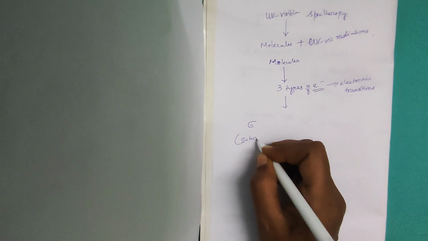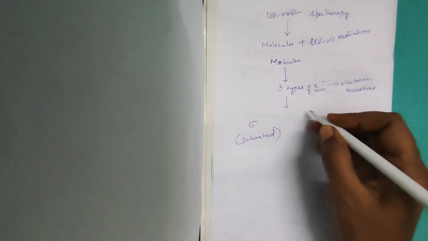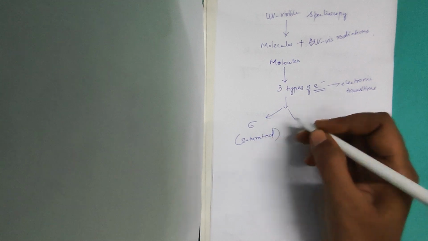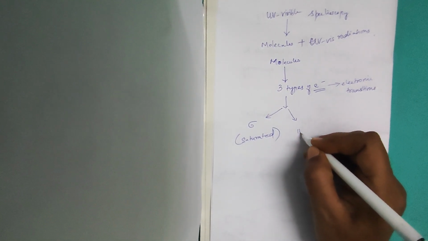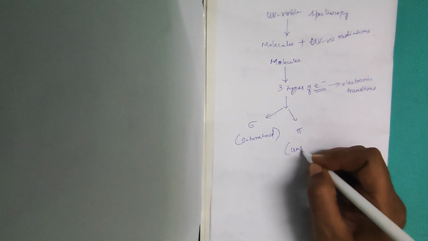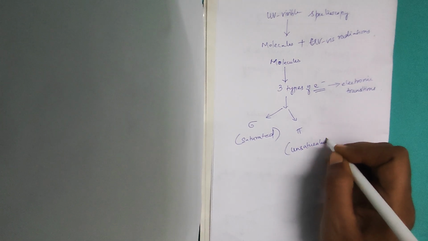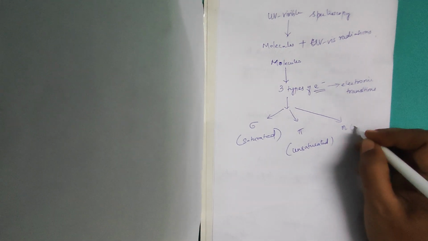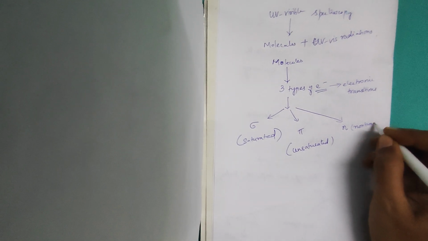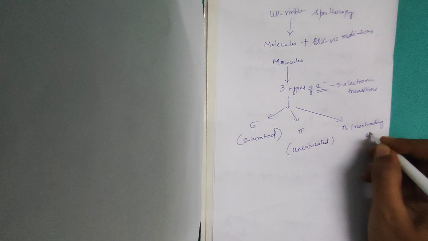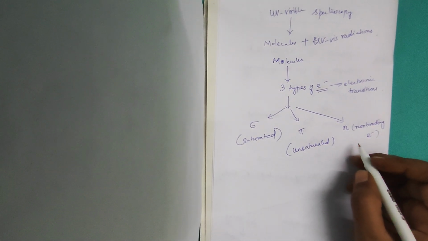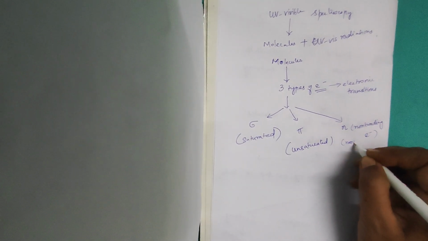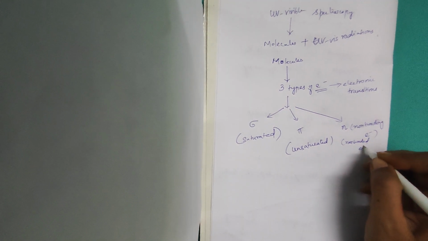So these three types of electrons are sigma electrons, which are present in saturated molecules. This is the first type, and second type is pi electrons, which are present in unsaturated molecules, and third we have n electrons, which are called non-bonding electrons, present in non-bonded elements.